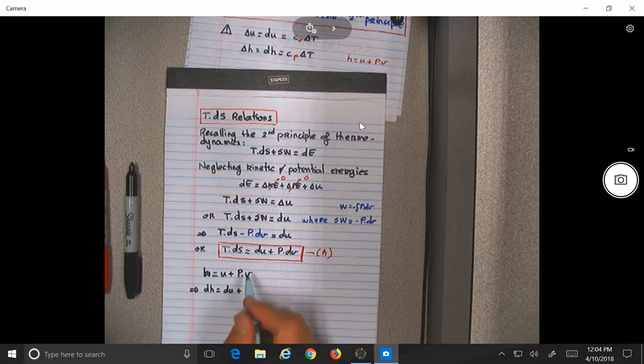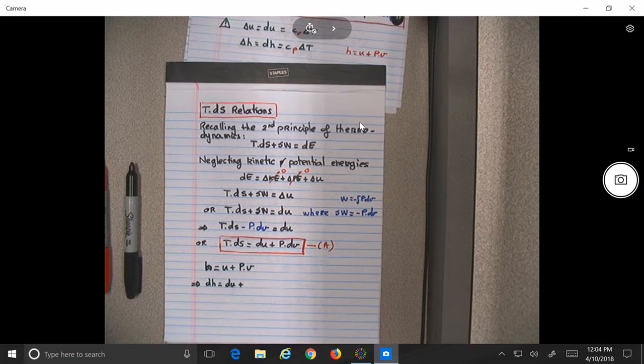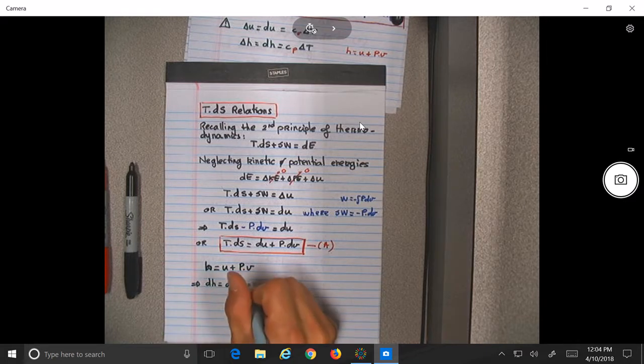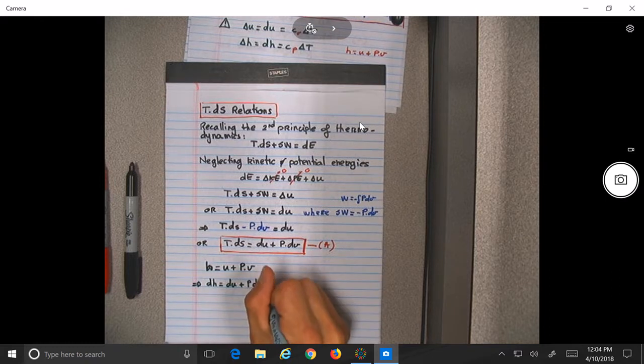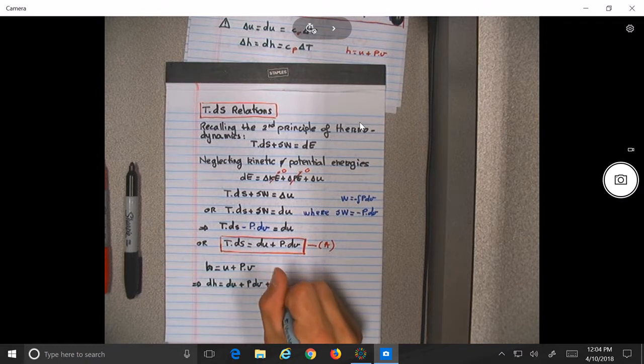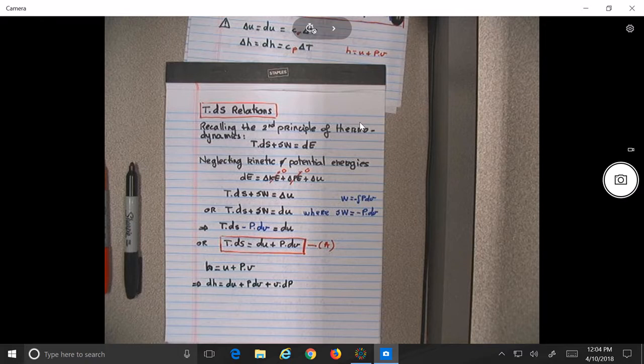So what will be the derivative of PV? Okay, so it will be what then? Let's say it will be PdV plus VdP.